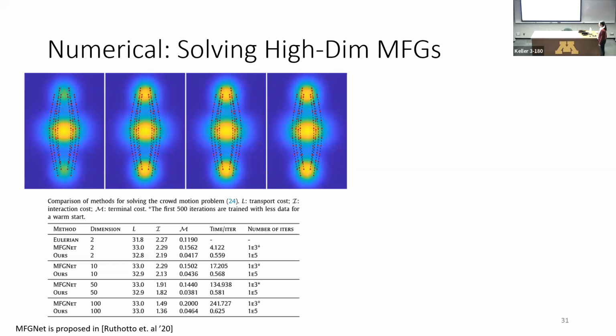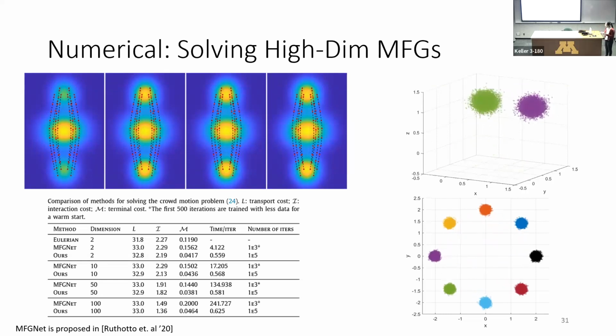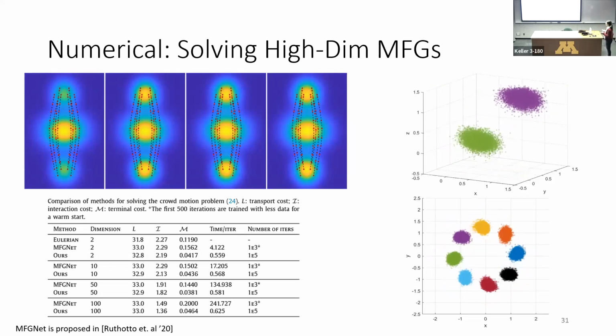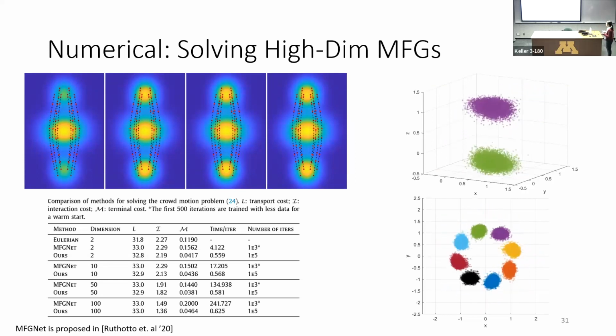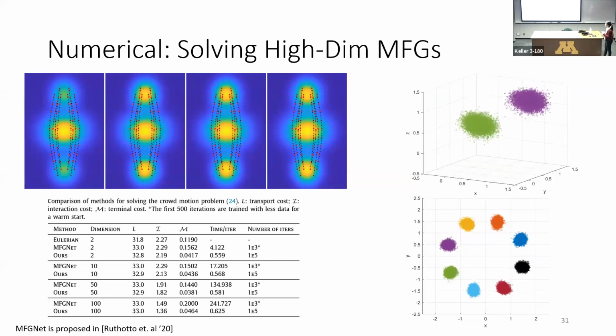And in 100 dimension, the time for each iteration is not dramatically increased. So we can also use this strategy to do some multi-group path planning problems.